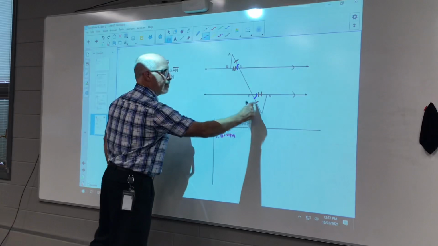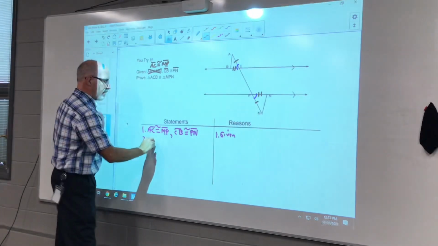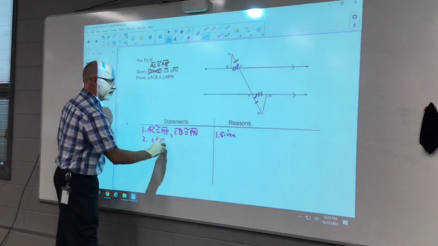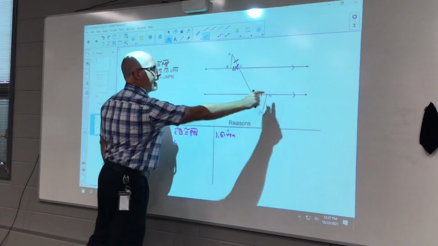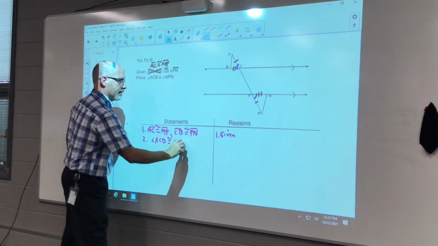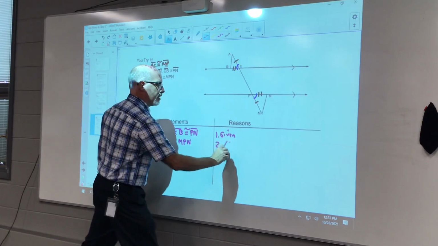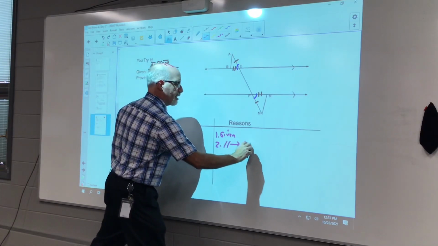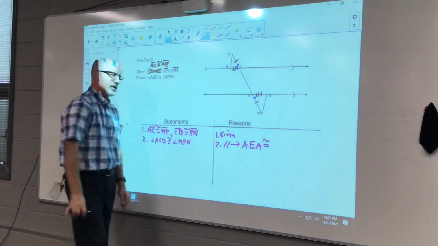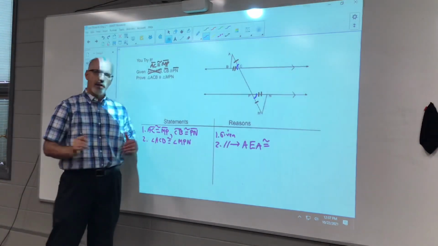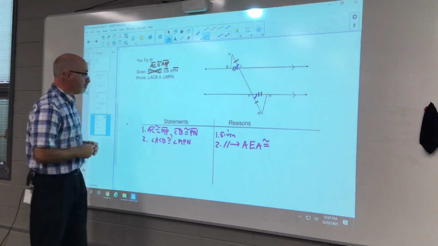So we go with MPN and ACB. So angle ACB is congruent to angle MPN. And that's by parallel lines leads us to know that alternate exterior angles are congruent. If you want to just put alternate exterior angles are congruent, that's the name of the theorem.